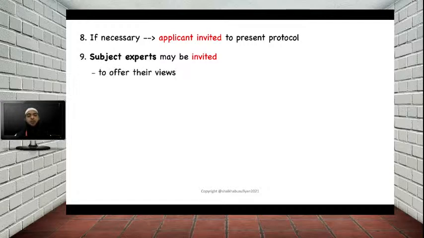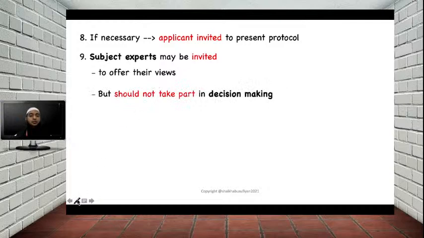Suppose the study is complicated, and the ISC members are not experts in the field of the study proposed by the investigator. If that is the case, then you can invite a subject expert from outside and take their views regarding that particular study. Okay, so a subject expert may be invited to offer their views, but you should see that they do not take part in the decision making process.